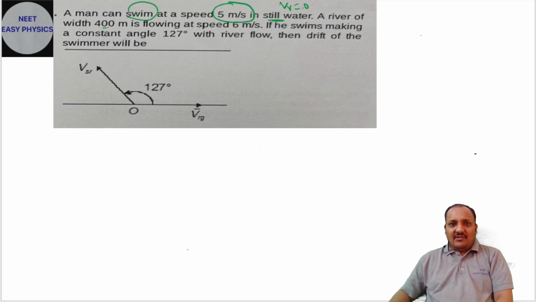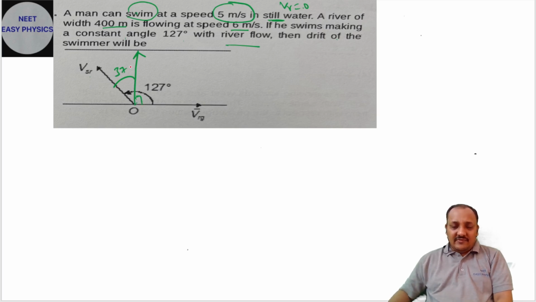A river of width 400 meters is flowing at a speed 6 meter per second. If he swims making a constant angle 127 degrees with the river flow, then the drift of the swimmer will be. So if it is making 127 degrees in this direction, the velocity of the swimmer is making how much angle? This is going to be 37, because this is going to be 90 degrees.